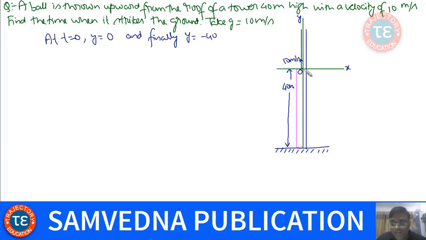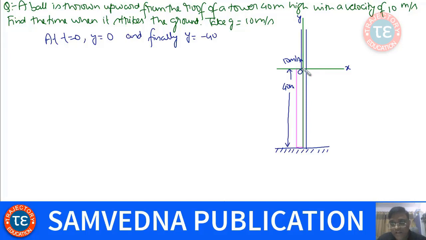See, this is taken as origin, so any measurement of x right of the origin is taken as positive, any measurement left of the origin is taken as negative, any measurement which is above the origin is taken as positive, and any measurement below the origin is taken as negative.